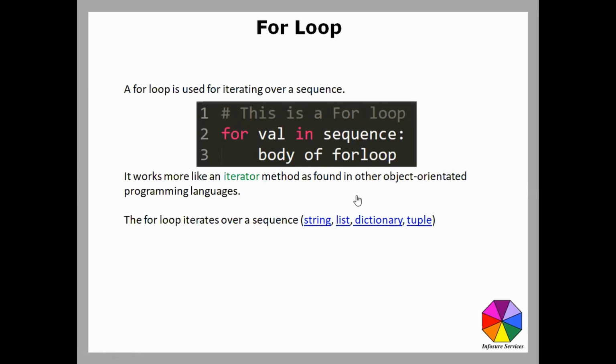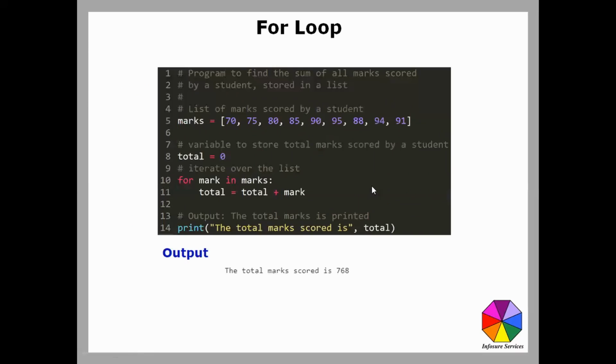Let's look at this example where we are having marks. This program is calculating the total marks of a student. Marks is in a list like that, and the total is initialized outside the loop.